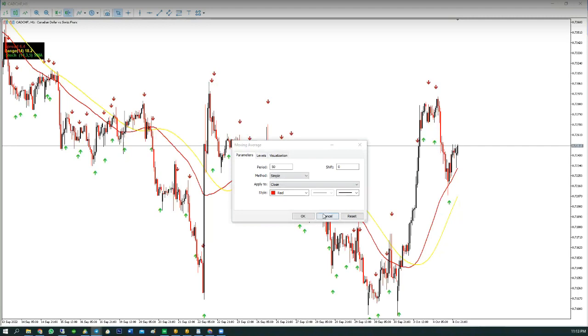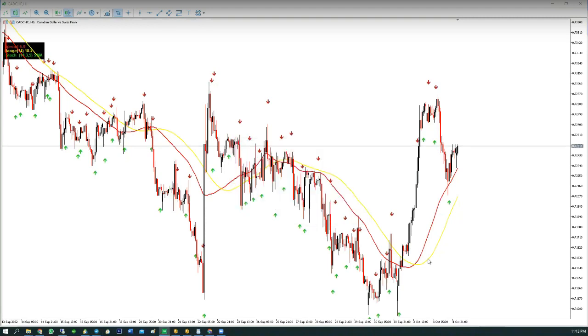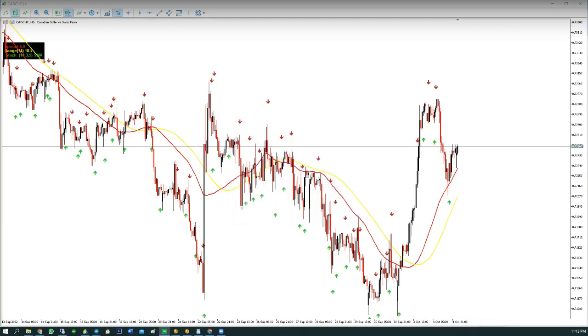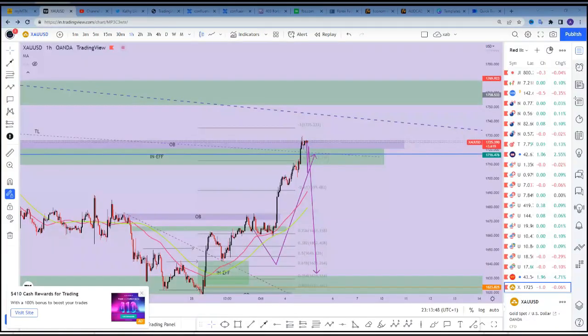That's the settings for the first moving average, then the second moving average. Is that clear, Mr. Ben? Yes, thank you very much. You're welcome.